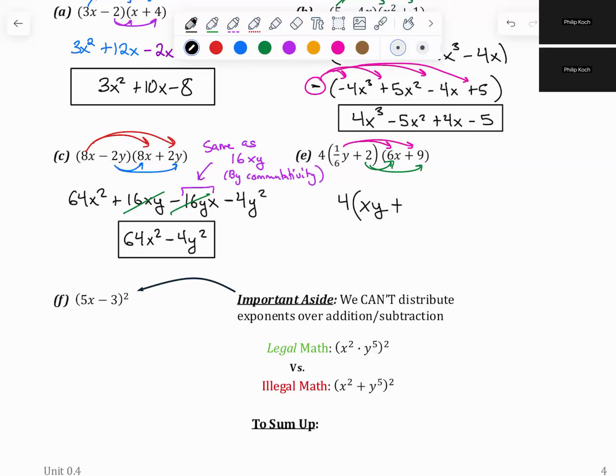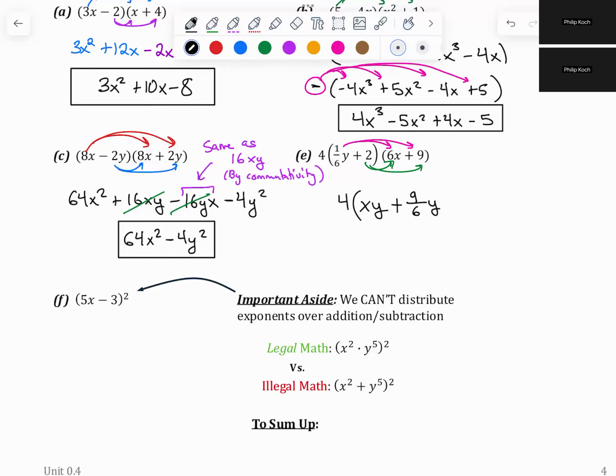Plus, now you can either do it all in your head or on your calculator, doing 9 times 1/6, or you can leave it unsimplified at first and deal with it later. It's your call. I'm going to deal with the simplification later, since I know I'm going to have to distribute the 4 in anyways, so I might as well take it slow, but it's okay to simplify earlier. So I get 9/6 y, and that's taking care of all of the pink distribution.